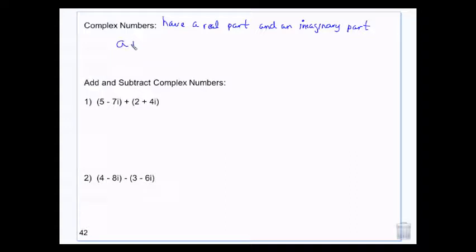And they look like a plus bi, or a minus bi. b can be positive or negative, where a and b are real numbers. But you've got that imaginary part. So this is considered to be the real part, and this is considered to be the imaginary part.